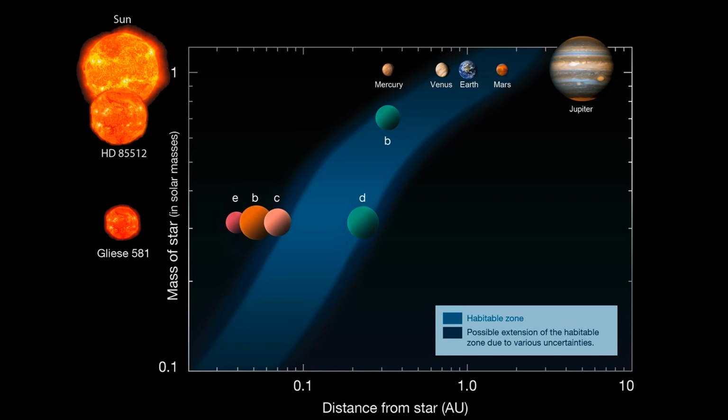Exobiologists, those are people that study the possibility of life on other planets. So they're part astronomer, part biologist. When they're looking at our solar system and when they're looking at other solar systems, they're looking for planets that are in this thin zone, this distance from the sun or their star, where water can exist as a liquid.